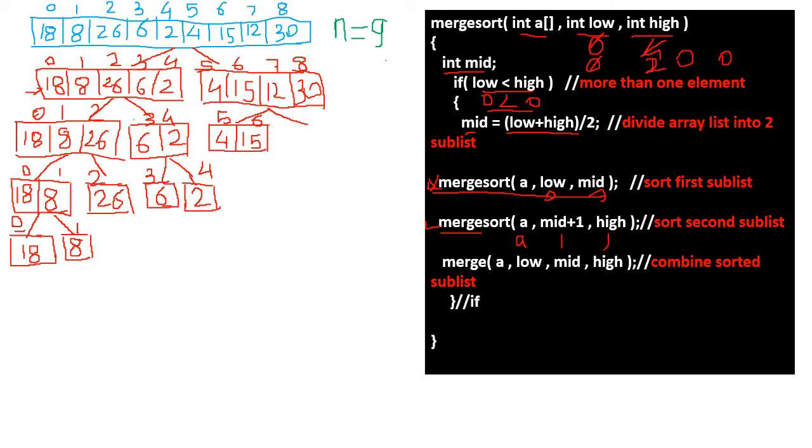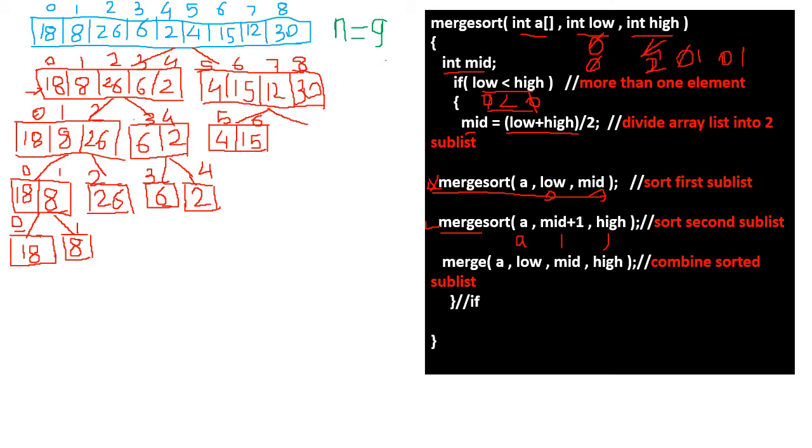Here again the values are 1 and 1. Then again it will check whether 1 is less than 1. No, it is not. Means we can't further divide this sublist.